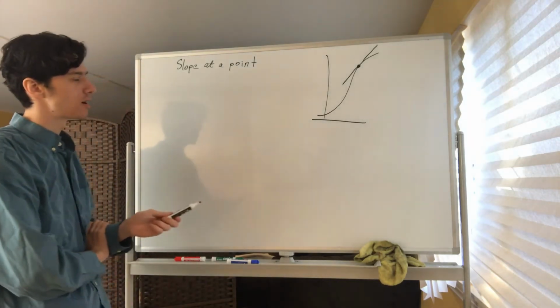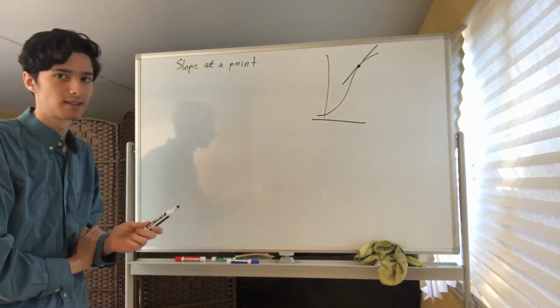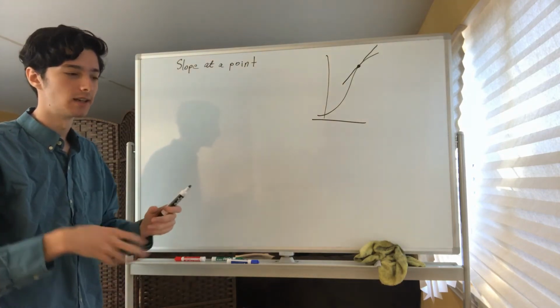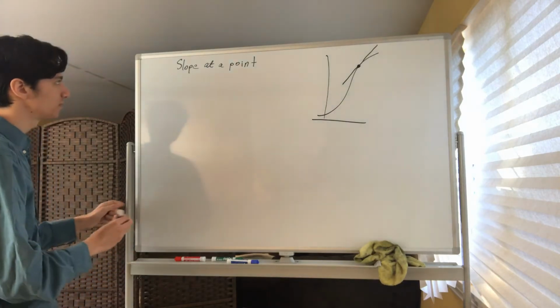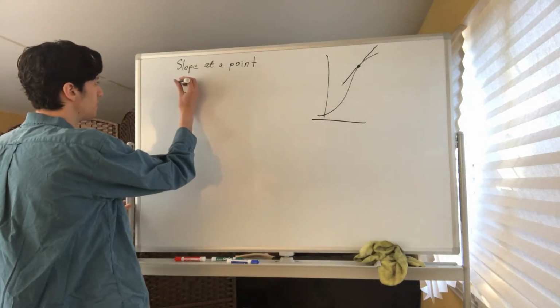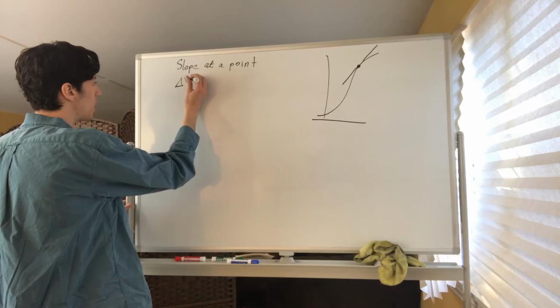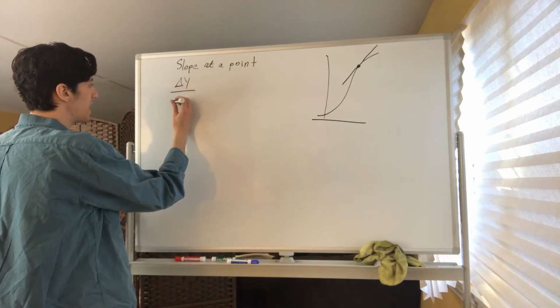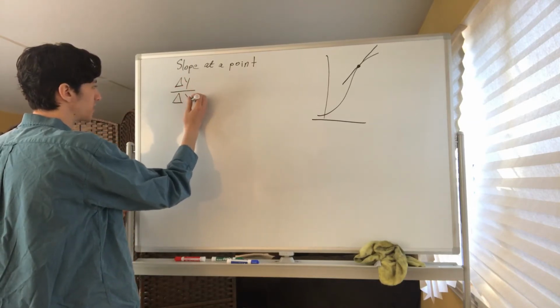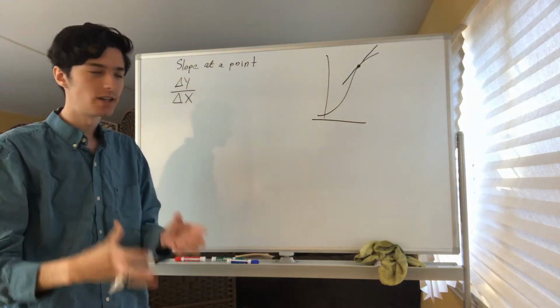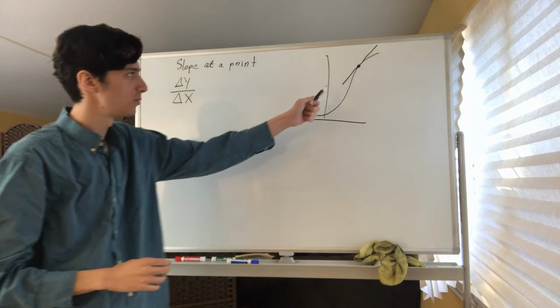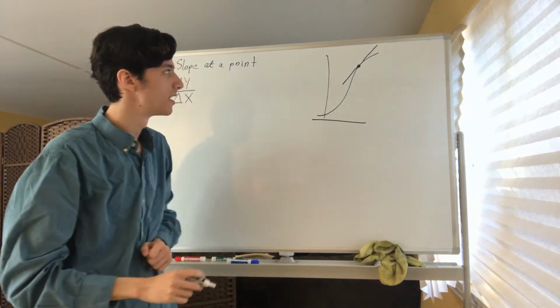So, to start, let's think about what is a common definition of slope, which you probably see as the change in y divided by the change in x. If you have a linear equation, for example, we could look at this tangent line right here.